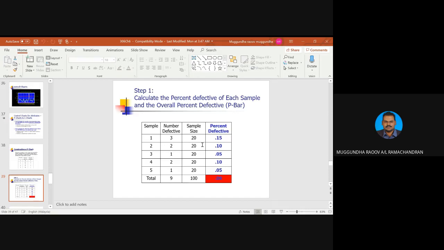Each sample we have to divide by the sample size. For example, 3 over 20 is 0.15. 2 over 20, 2 divided by 20, will be 0.1.